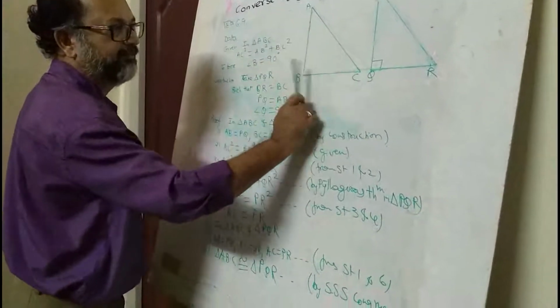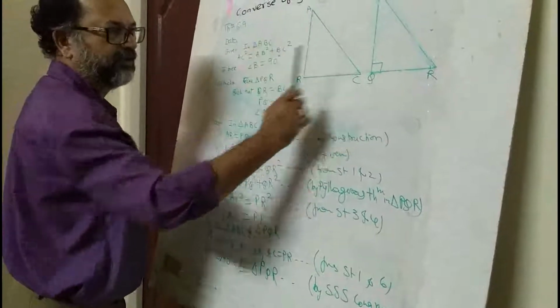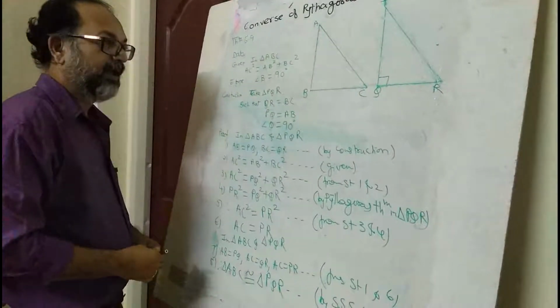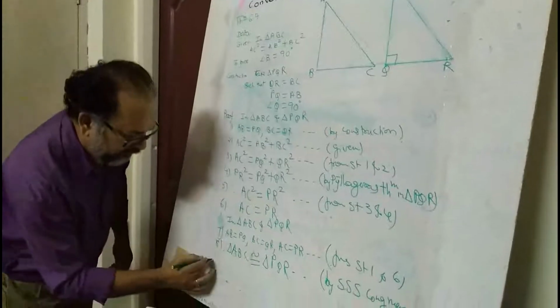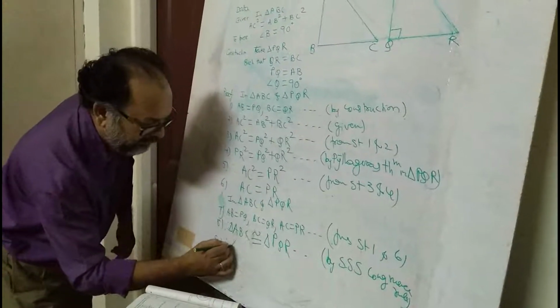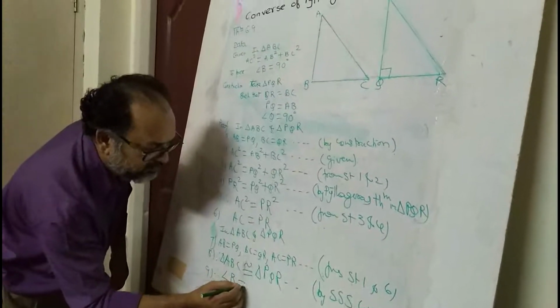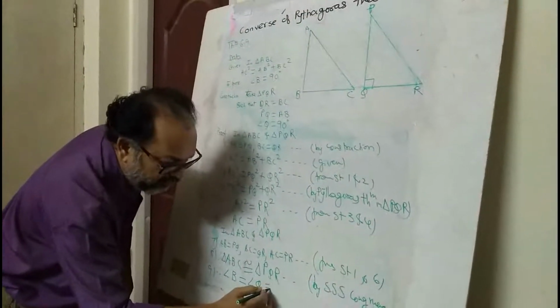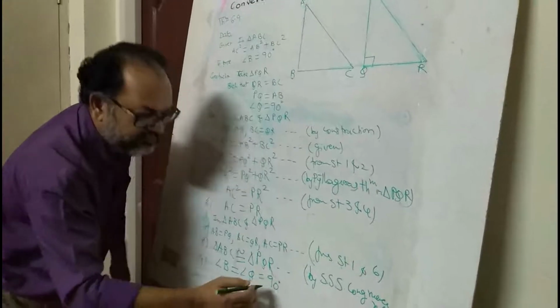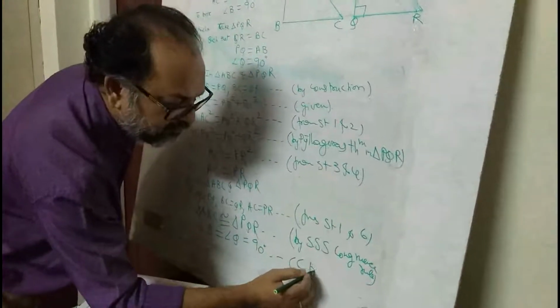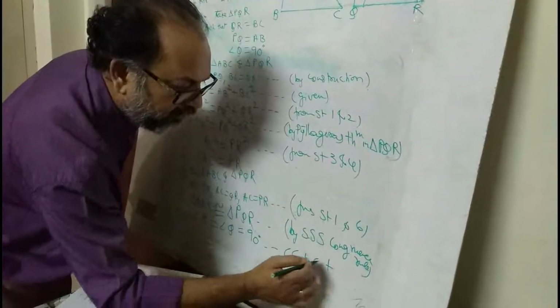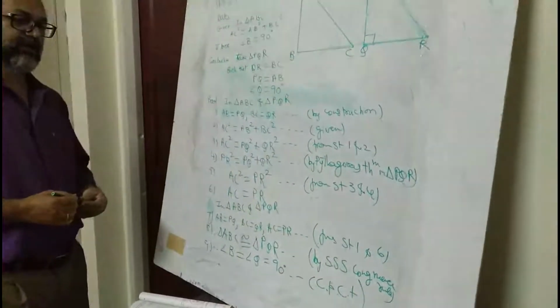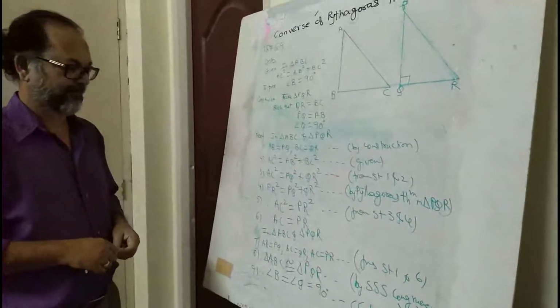Therefore angle B has to be equal to angle Q, by CPCT, and it is equal to 90. Therefore angle B is equal to angle Q, which is equal to 90 degrees. Reason: CPCT. So we got angle B as 90 degrees.